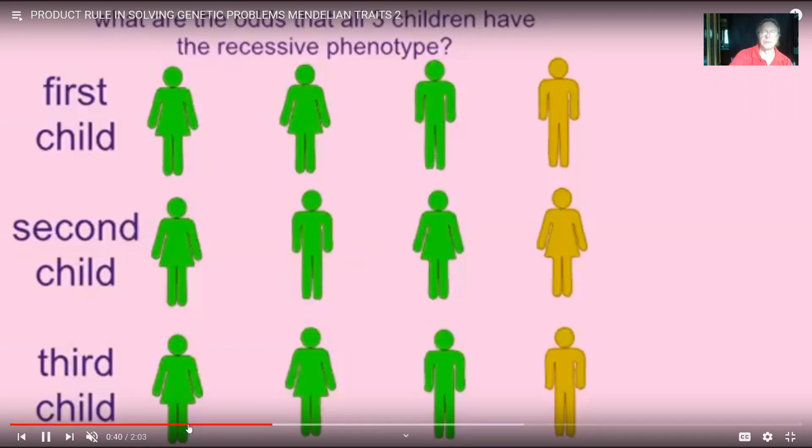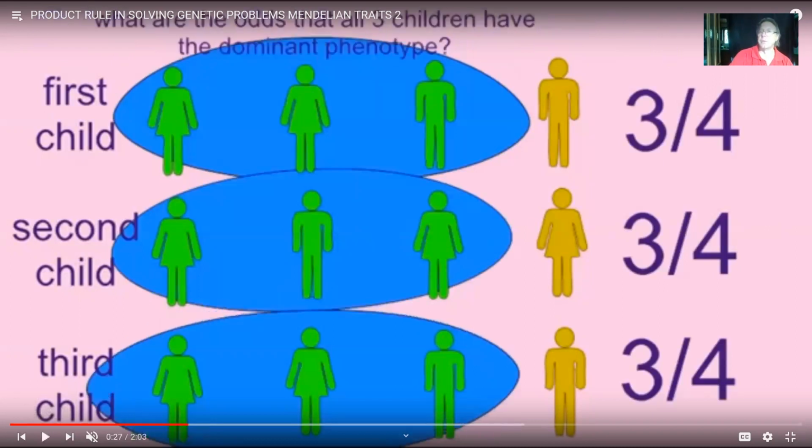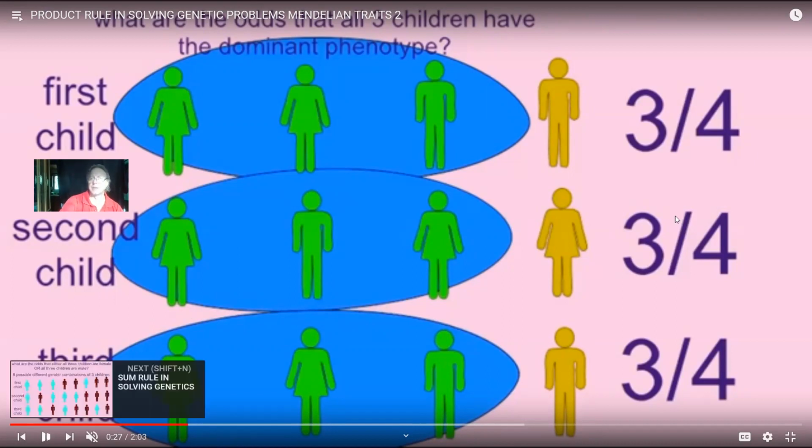So 3/4 times 3/4 times 3/4 would then give us 27/64, okay? So there would be 64 possible combinations, but in 27 of them, the first child would have the dominant trait, the second child would have the dominant trait, and the third child would have the dominant trait.